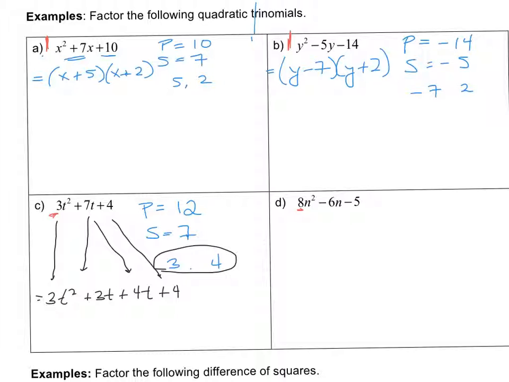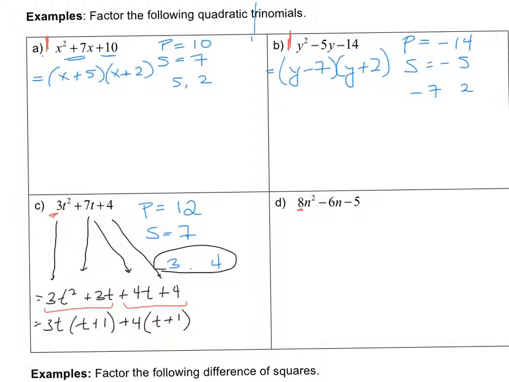Now notice you have 4 terms. Oh my goodness, that's grouping. So group the first 2 terms and group the second 2 terms and see what happens. Well, I take out a common factor of 3t and I'm left with t plus 1. And I take out a common factor of plus 4 and I'm left with t plus 1.